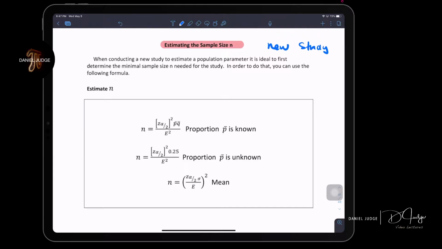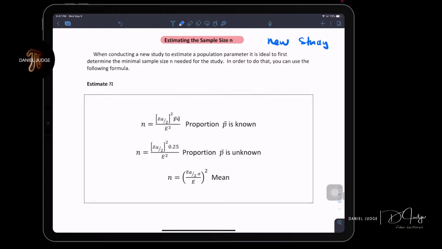Time is money, and if you spend all this money and time gathering more data values than you need to be within a particular margin of error, it's a waste of time and resources. So we want to estimate the sample size first for a new study.